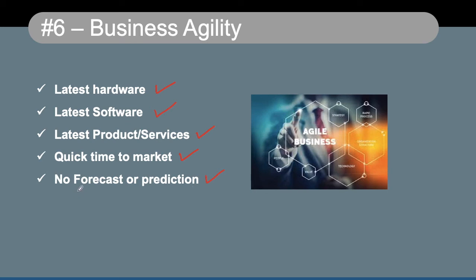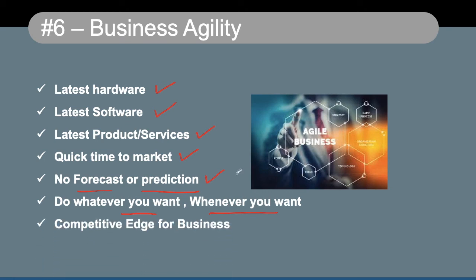You need not forecast your capacity for 1 year or 6 months down the line, because you can increase it whenever you want. So you need not worry about the timing. You can market new services and deploy new workloads as and when you want, without any intervention from the public cloud provider, and it gives you a competitive edge for your business.